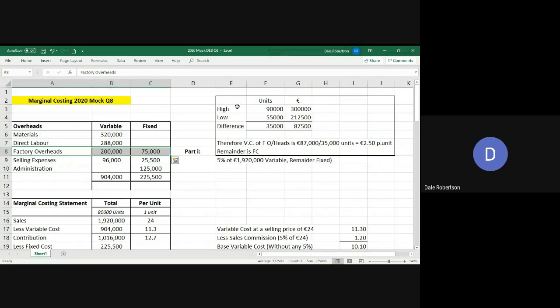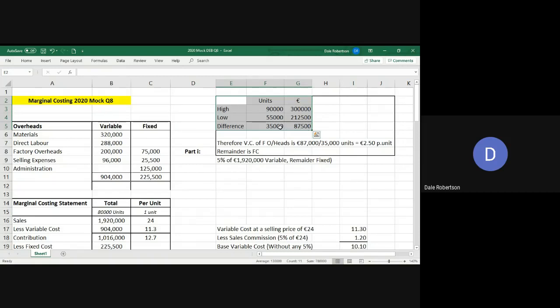So here is our high-low method over here, where you have to say the highest and the lowest, and then the difference between them. In units, the highest for the 3 years is 90,000, and the lowest is 55,000, giving you a difference of 35,000. And in money terms, the highest is 300,000, the lowest is 212,500, giving you a difference of 87,500.